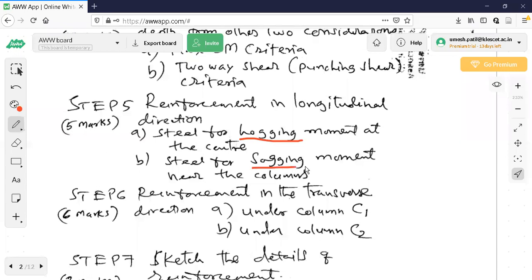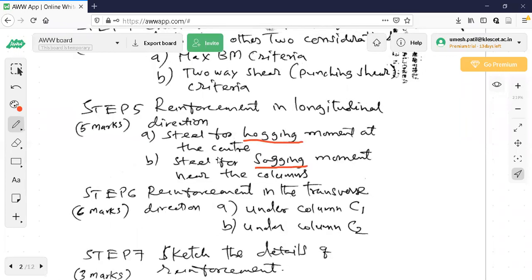For sagging moment, the tension zone will be below the neutral axis. You have to be careful about this. Positioning of reinforcement is very important. That I will show you here.